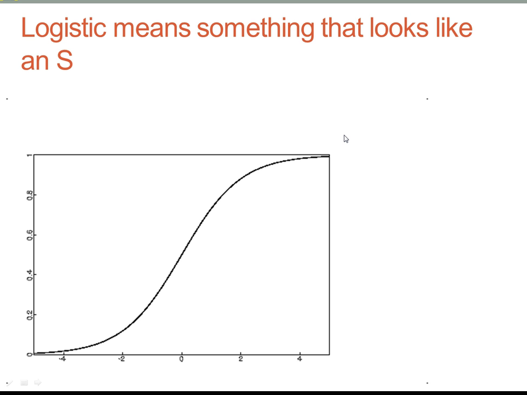People use it for a lot of stuff, in social science, everywhere. It looks like an S. It's also called a sigmoid curve. Okay, so those are the kinds of choices that we have.